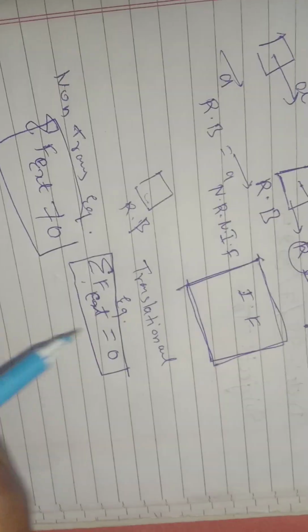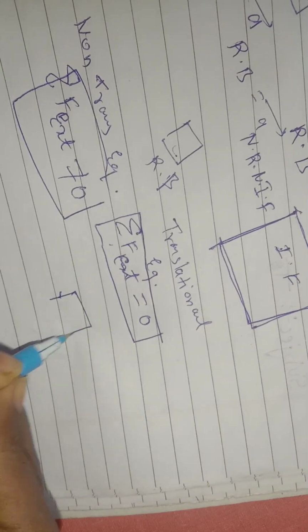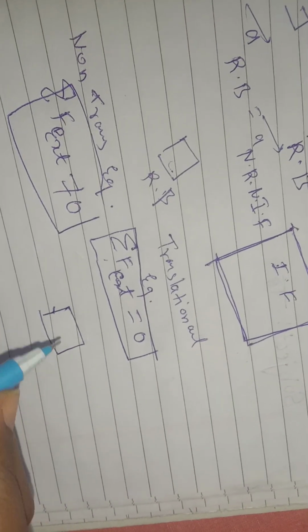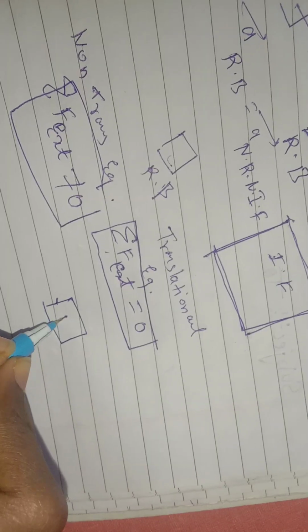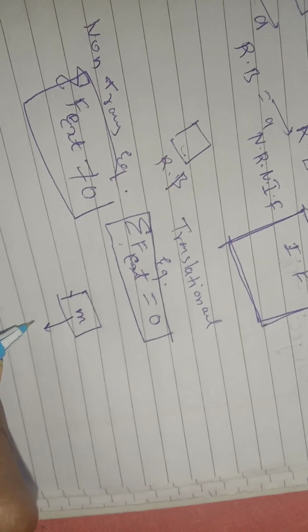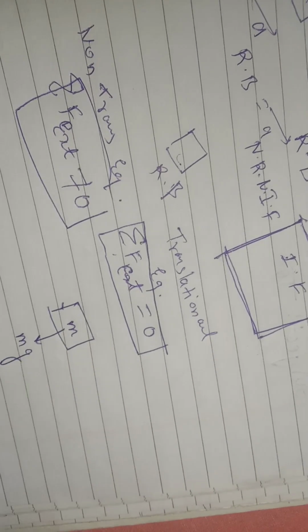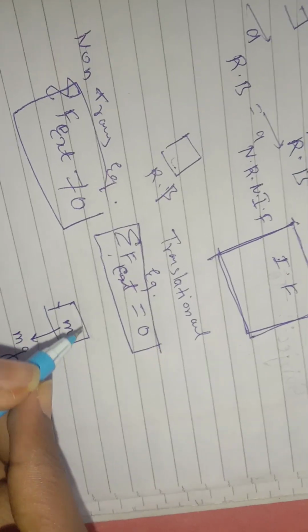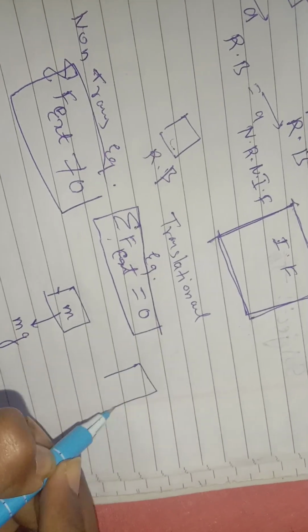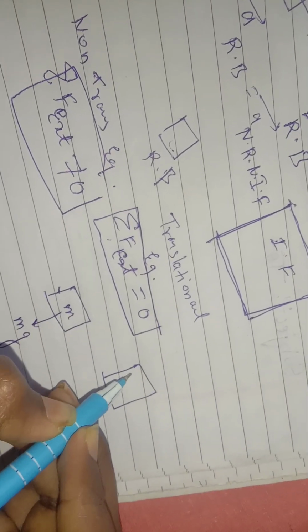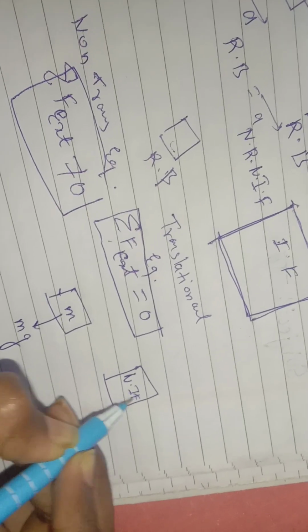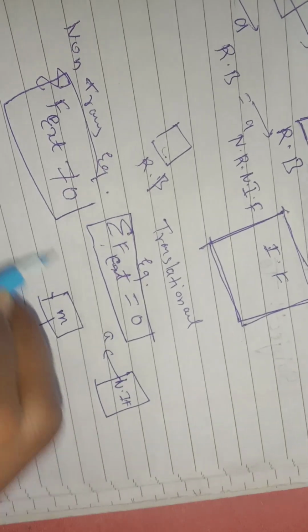Suppose this is the block, that means the rigid body, and its mass is m. Then in the downward direction there will be the mg force, and let the direction of the non-inertial frame's acceleration be there.